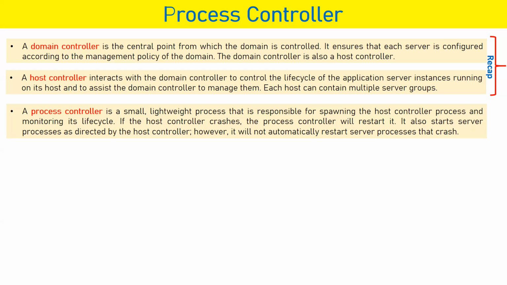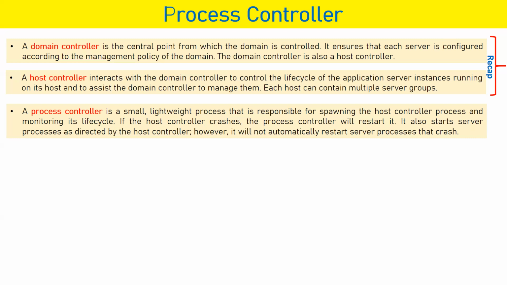Whenever the domain controller initiates the configuration for all of the servers in the domain, it is communicated to all of the instances with the help of the host controller. So there is a single host controller process running on each server. The domain controller contacts the host controller, and then the host controller can initiate the configurations in the different JBoss server instances. And third is the process controller.